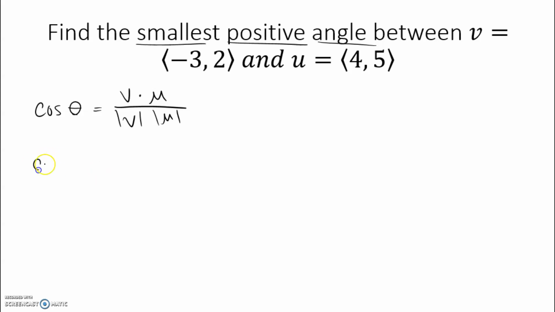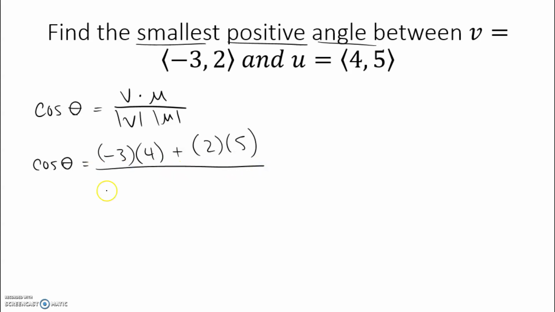Okay, so this is going to be cosine theta is equal to, all right, I'm going to use the dot product, so I'm going to multiply the first components together. So negative 3 and 4, put an addition sign between them, then multiply the second components together. And then for the bottom, square root, if I'm looking at V, I'm going to use negative 3 squared plus 2 squared.